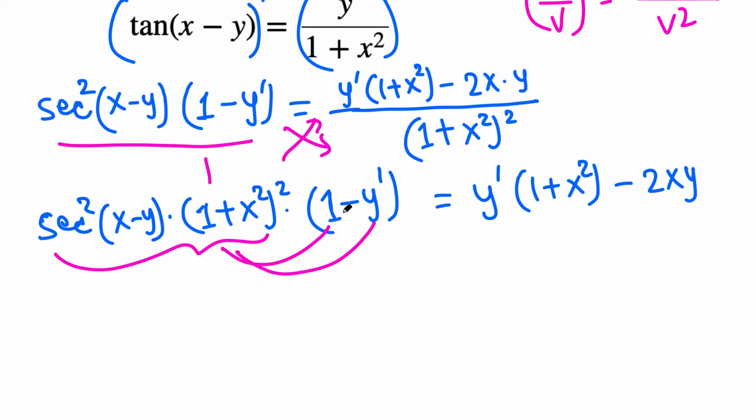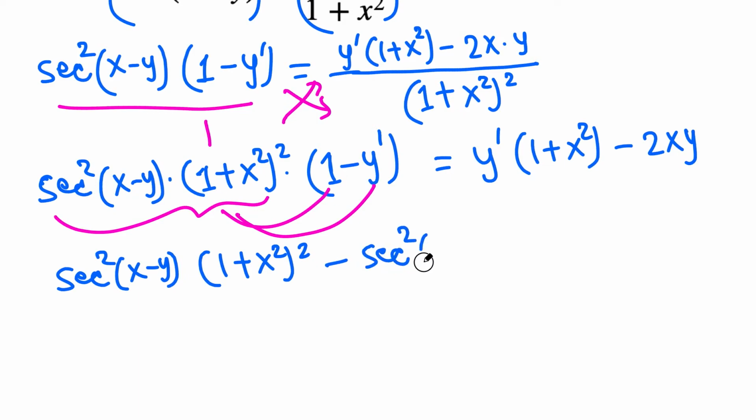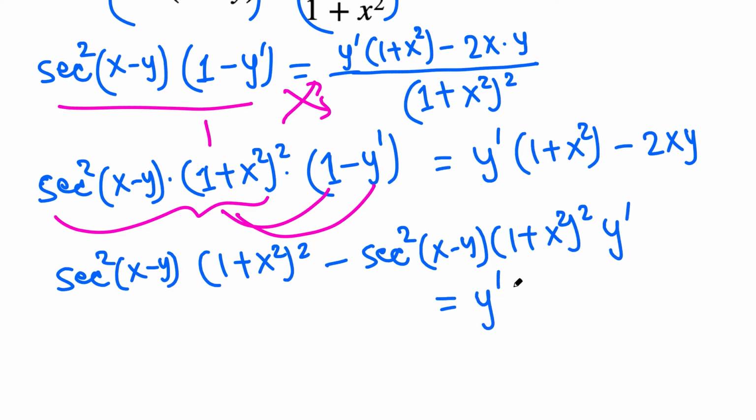So this times 1 is just that. Secant squared of x minus y, 1 plus x squared quantity squared, minus the whole thing times y prime. Secant squared of x minus y, 1 plus x squared y prime. Okay, equals y prime times 1 plus x squared minus 2xy.